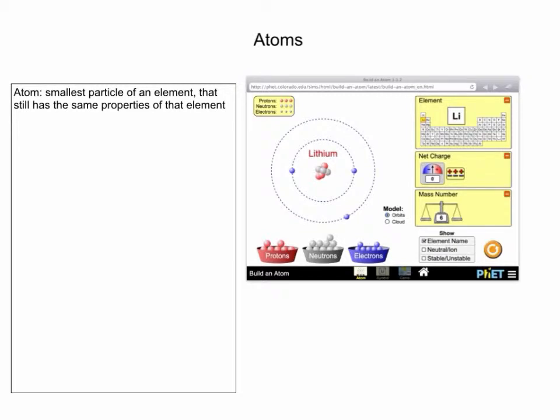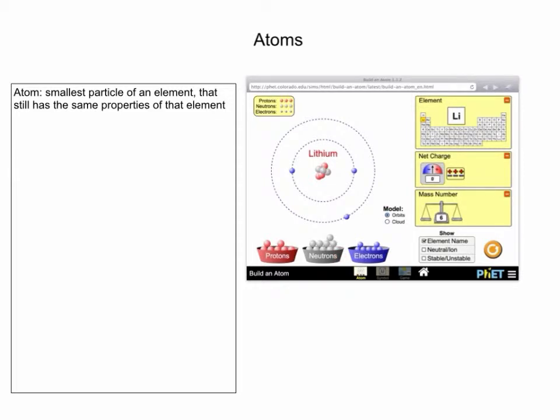So you might have noticed in that simulation that there were two things I pointed out. There was the size of the atom, and then there was the size of the particles that were actually in the atom. And atoms are made up of 3 different parts. There are the protons, neutrons, and the electrons.